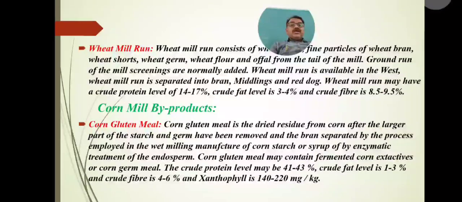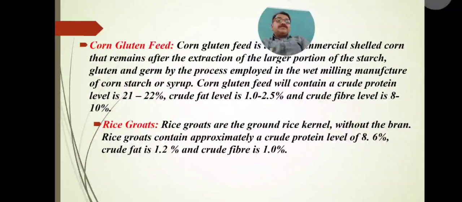So corn gluten meal contains other components such as protein, fats and fiber, and xanthophyll is also present. This is an important ingredient for fish and the fish culture industry.